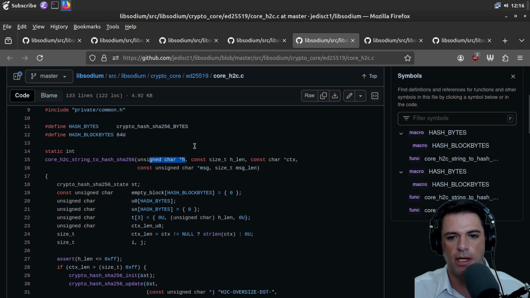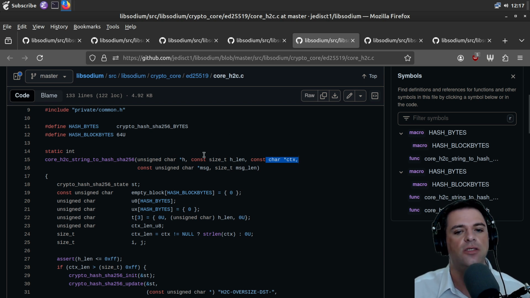We're giving it an H, which I guess is the output hash, because the first parameter being the output is the convention so far of this repo. And we, I guess, pass in the hash length. We have some context. I guess that's the message hash so far, the message to hash and the message length.